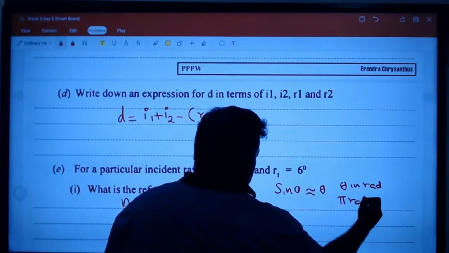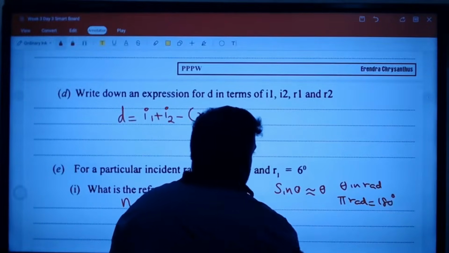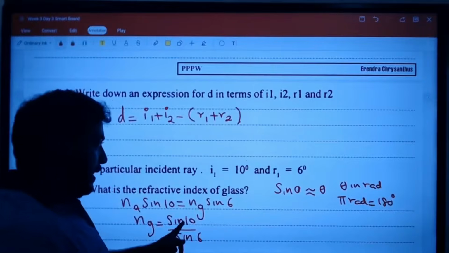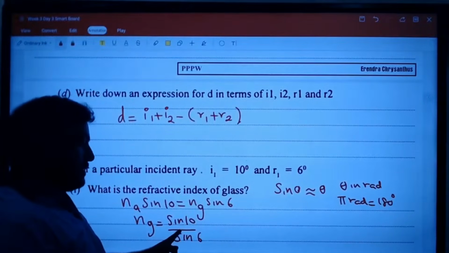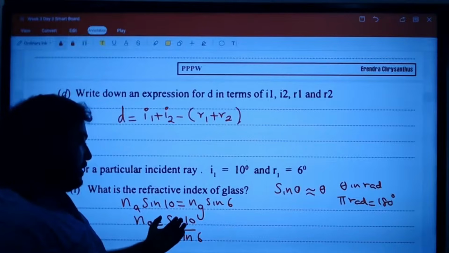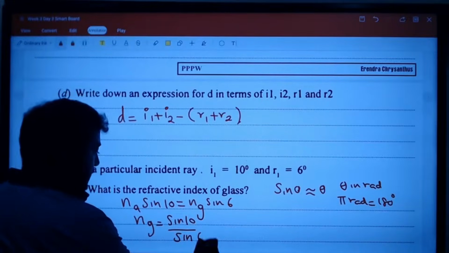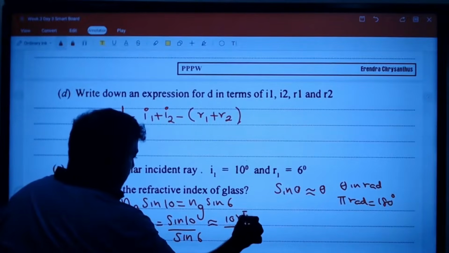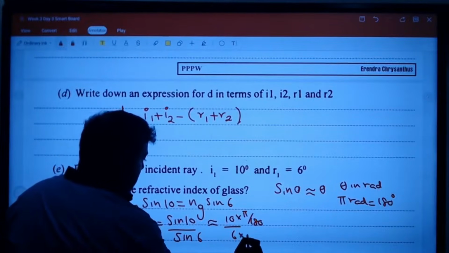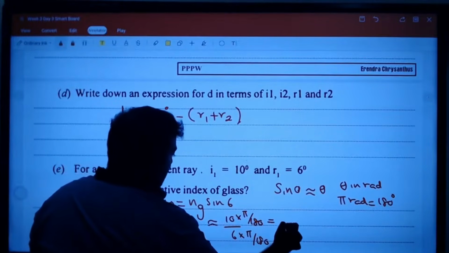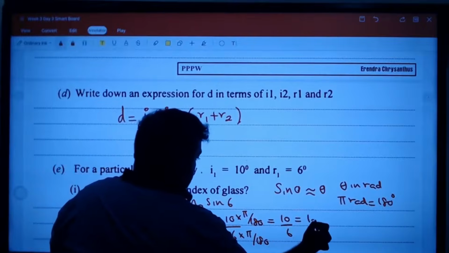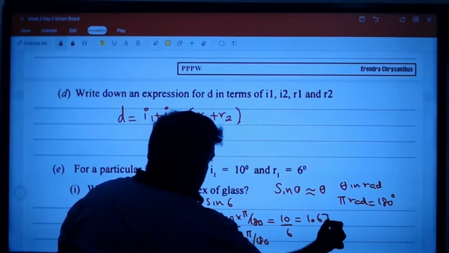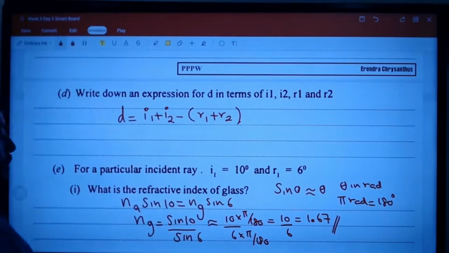Pi radians equal 180 degrees, so to convert 10 degrees to radians we multiply by pi over 180. So technically it's 10 over 6, but don't forget pi over 180 radians in both. These cancel off, so you get 10 over 6, which is 1.67.